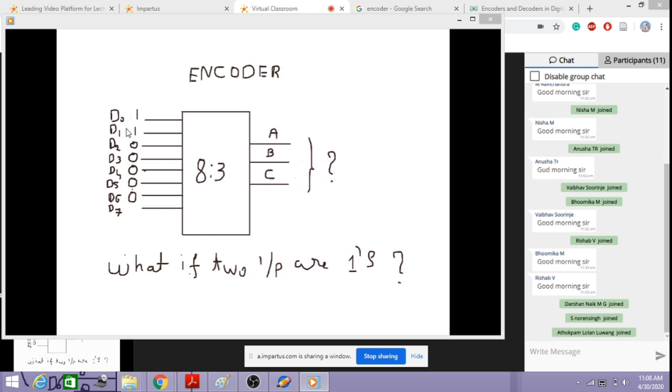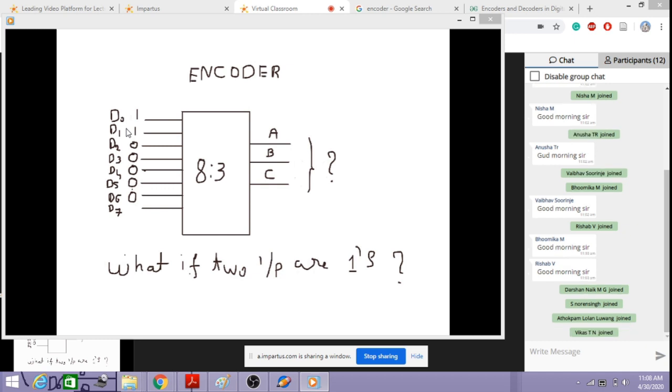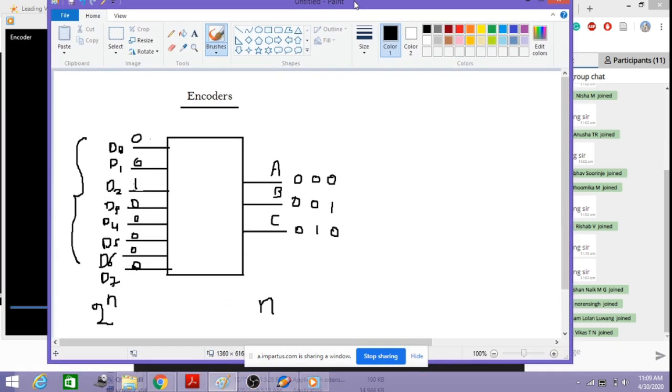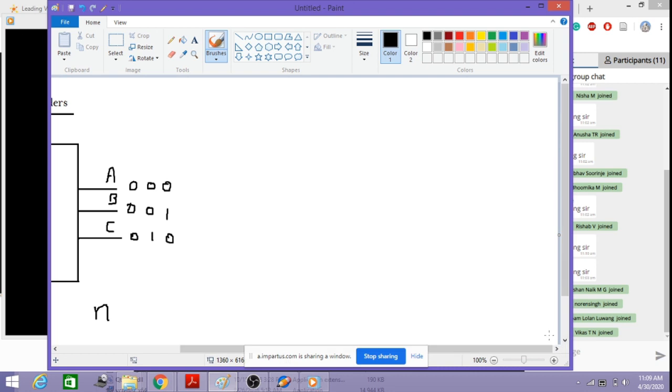Now let us see the truth table of this encoder. Let me write it here. My inputs are D0, D1, D2, D3, D4, D5, D6, D7. These are my 8 inputs here.